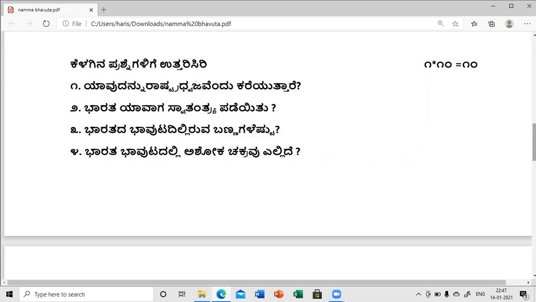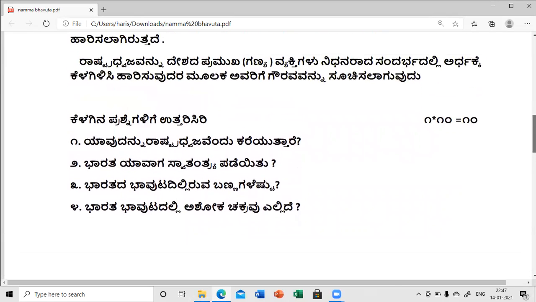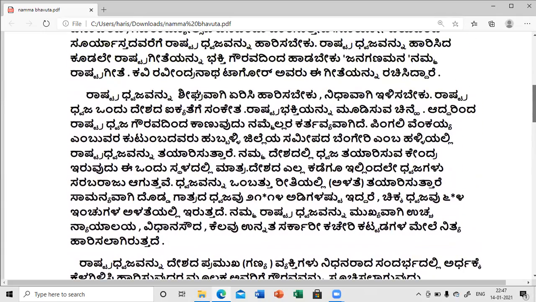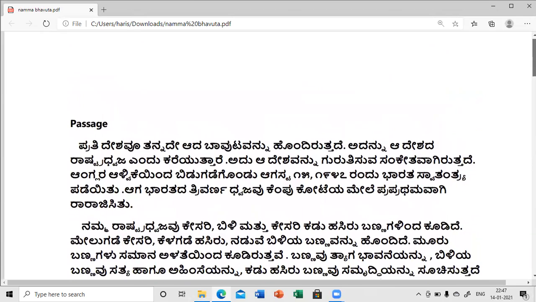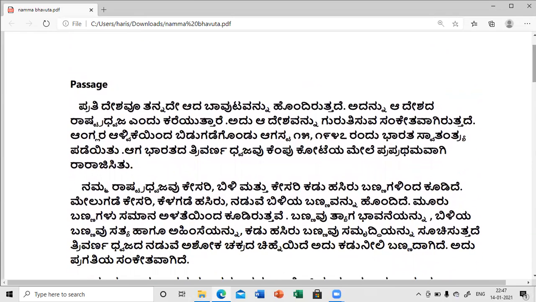And you do have to apply the method of scanning the information here. Now I'm going to tell you how you scan and what things you have to keep in mind when you answer these questions. So let's begin.